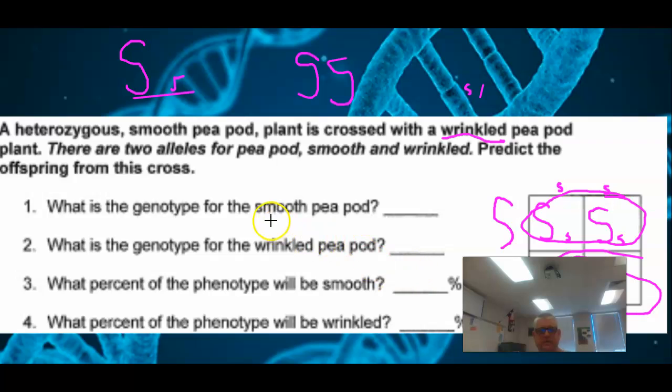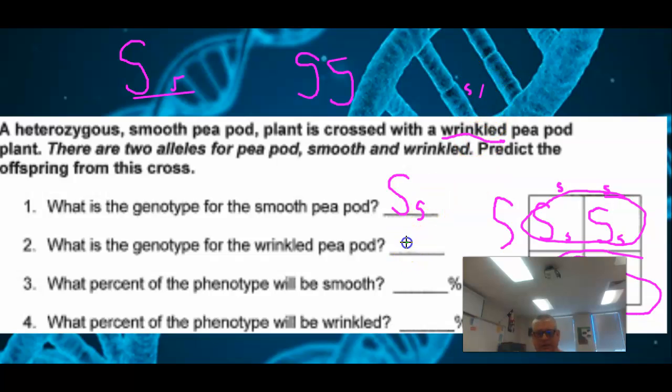Okay? So smooth. So it says, what is the genotype for the smooth? So here's the genotype for the smooth. So big S. This is kind of to start you out, right? The genotype for the smooth was this. Why? Because it's heterozygous. One big, one little. What was the genotype for the wrinkle pea pod? Wrinkle, there's only one way.